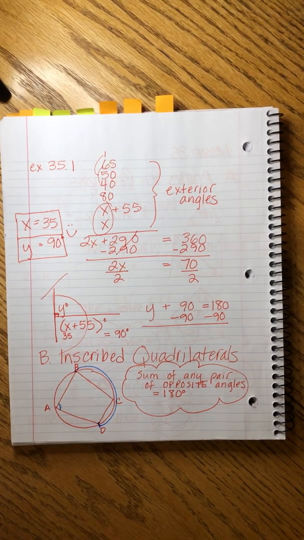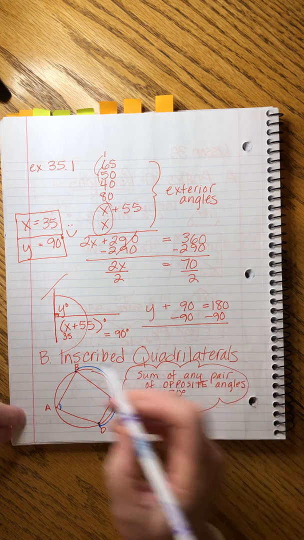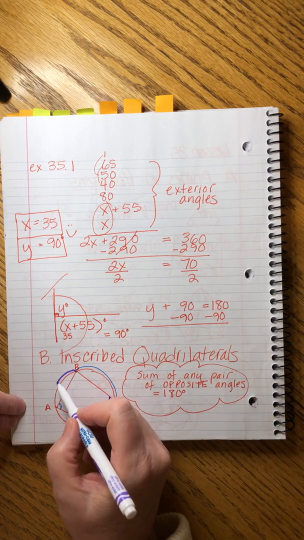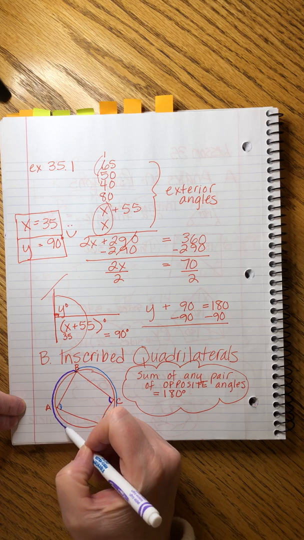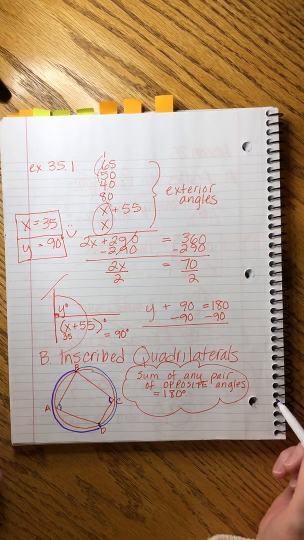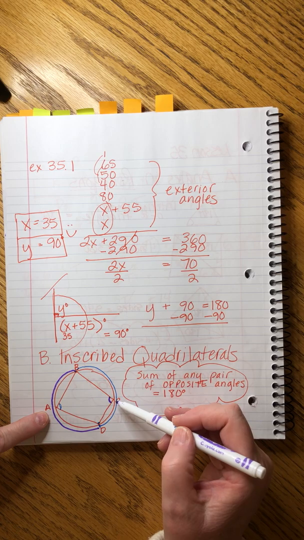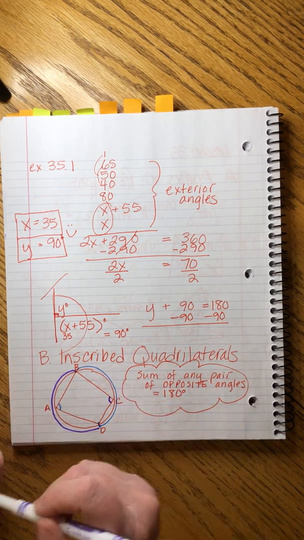But what about angle C? It's got to be the opposite angle, right? Look at angle C. Its intercepted arc is the other part of the circle. Not necessarily half, precisely, but between these 2 opposite angles, they eat the entire circle.